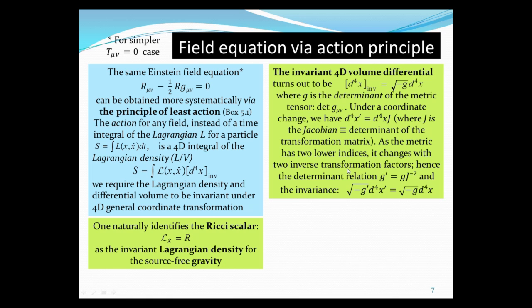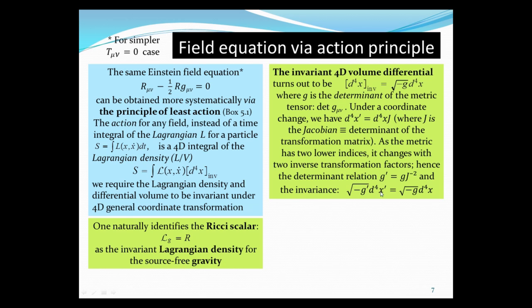So when you take the determinant, you find the transformed determinant is related to the original determinant by 1 over the Jacobian squared, because the inverse transformation matrix leads to 1 over the Jacobian.